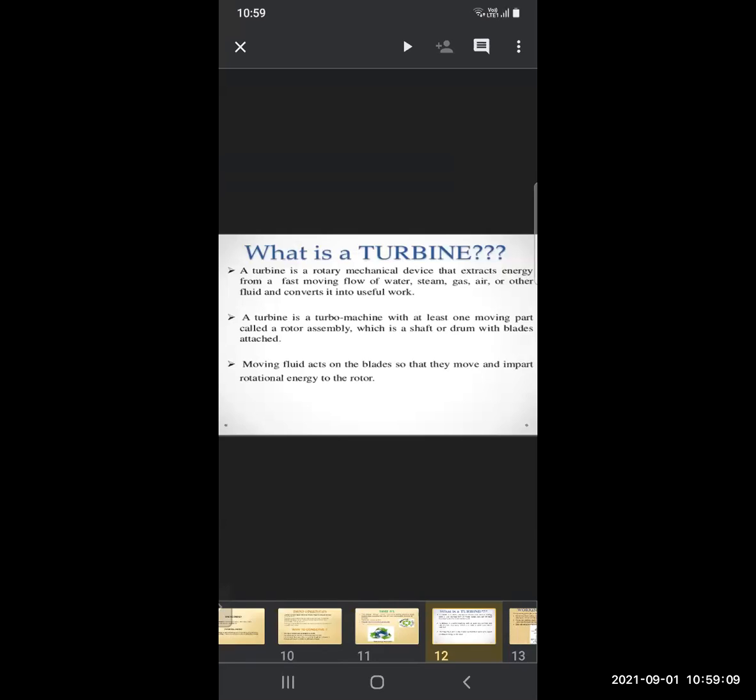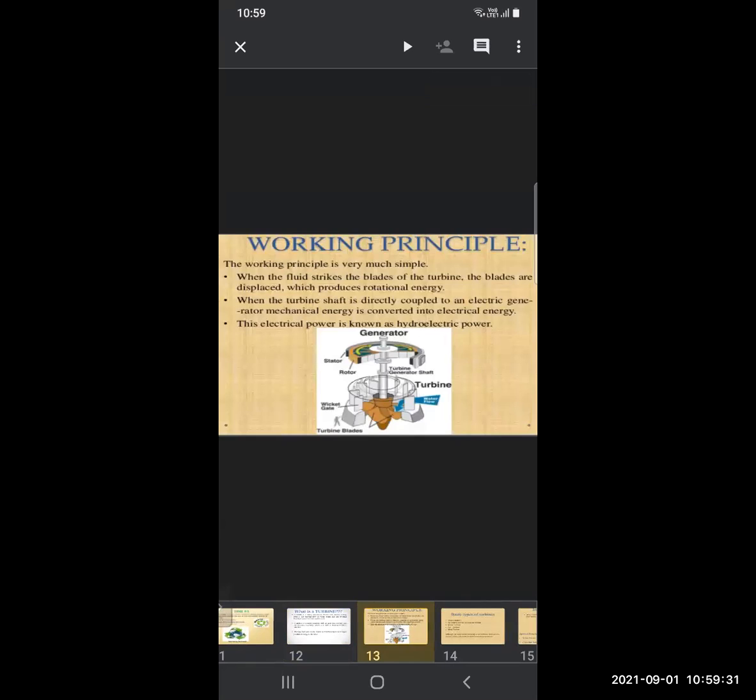So mainly you have to keep in mind a turbine is a rotary mechanical device that extracts energy from a fast moving flow of water. It may be a flow of water, steam, gas, air, or any other fluid, and it converts it into useful work. So, what is the working principle?